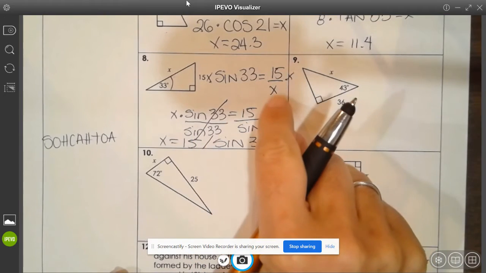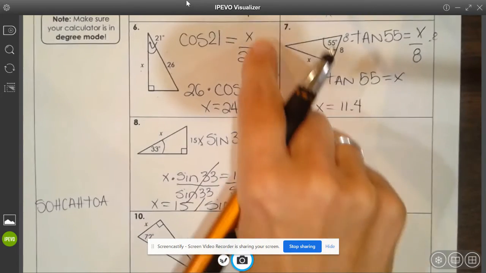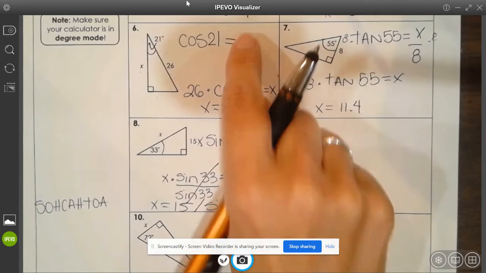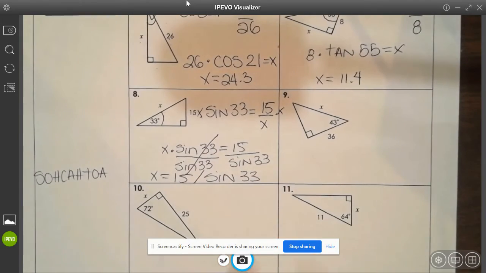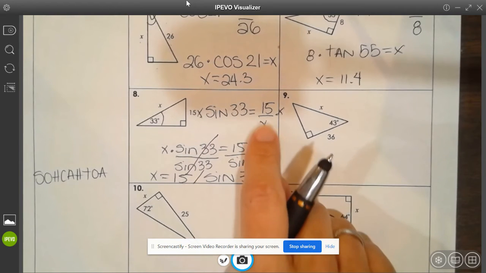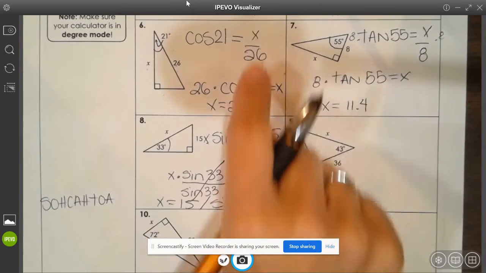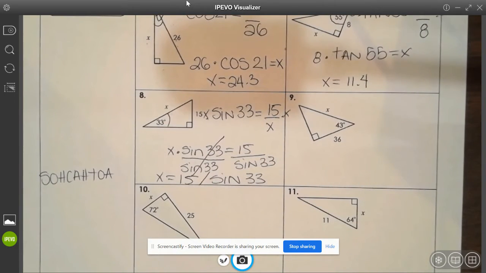So basically, when you have the x as the denominator, you divide. When you have the x on the numerator, you multiply. So in this case, you are dividing. You don't even have to do all that algebra. You can just know that when the x is down here, you're dividing, and when the x is up here, you're multiplying. Okay? All right. Let's do that.